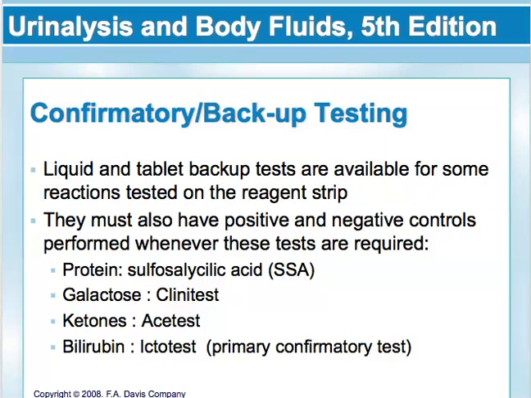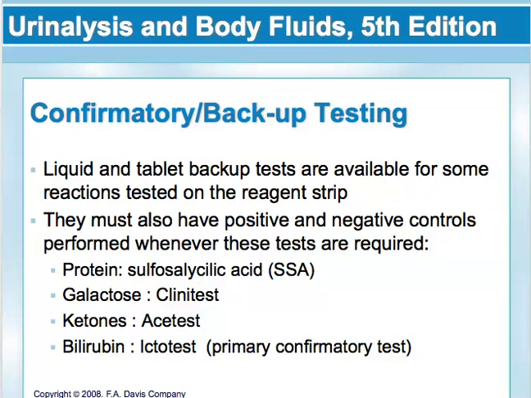Maybe you've got a very highly pigmented specimen and you're not sure about the results that you're getting on the reagent strip. So these confirmatory tests will have their own positive and negative controls that would be performed either once per 24 hours or whenever the tests are required. So that would be dependent on your lab when they want to perform those controls for the backup tests.